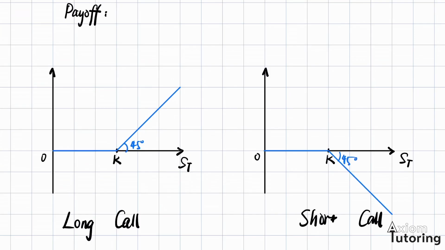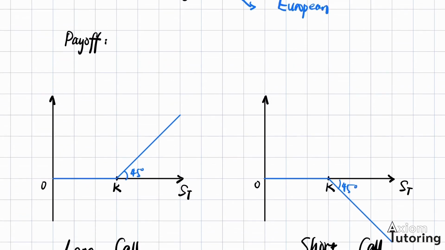Okay, and we can also express this in a mathematical way, which is the maximum, that's the long position, between 0 and ST minus K. Okay, you can compare this payoff with our forward contracts. With the forward contracts, we're only having this thing, right? So ST minus K will be our payoff for the forward contract, but here, since we're sort of protected from the downside because we don't have to exercise it, compared to the forward, where we're obligated to carry out the contract, whether the spot price is higher or lower than our strike price.